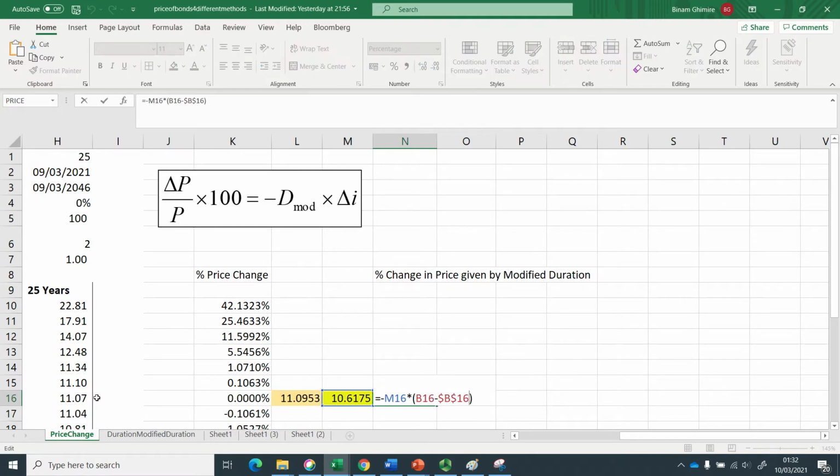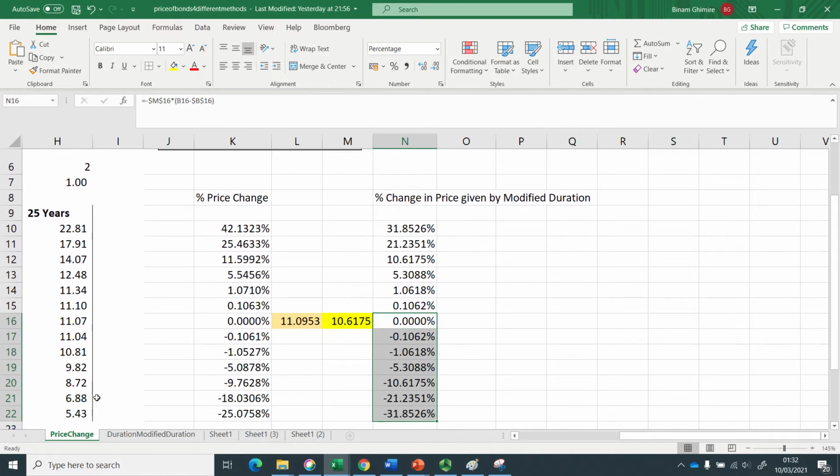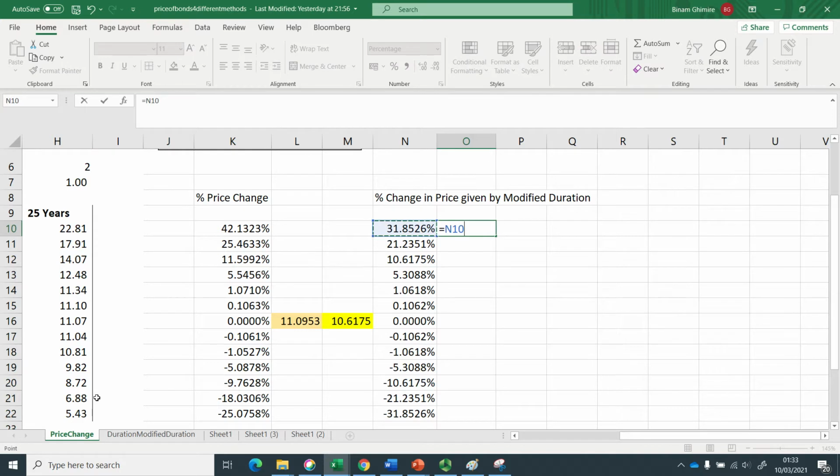At the same time, what I will also lock is this modified duration, so that 10.6175 has also been locked. So now I'm going to take it up and also take it down. Okay, so now I can compare the percentage price change given to me by modified duration and the actual percentage price change.